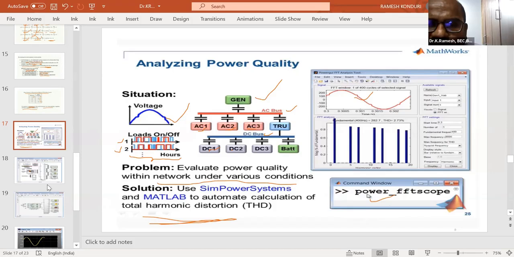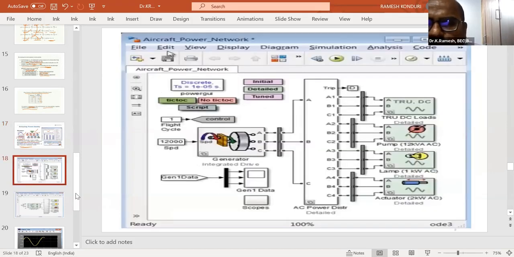So here, I would like to take up the model. This is the aircraft power network model, where the generator is connected to a bus and to the AC power distribution network. From here, the corresponding DC loads and AC loads are taken.